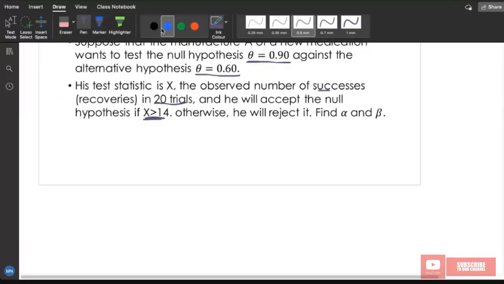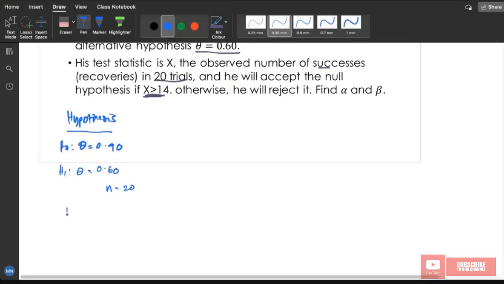If you want to find the probability of type 1 error and type 2 error, let's put the hypothesis statement first. We have the null hypothesis theta equal to 0.90, and the alternative hypothesis theta equal to 0.60, right? And we also know we have n equal to 20.